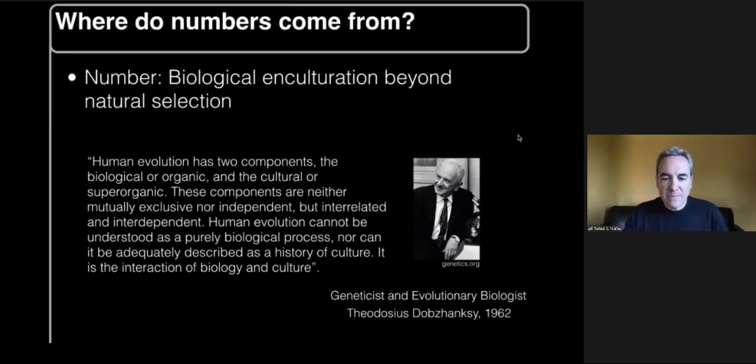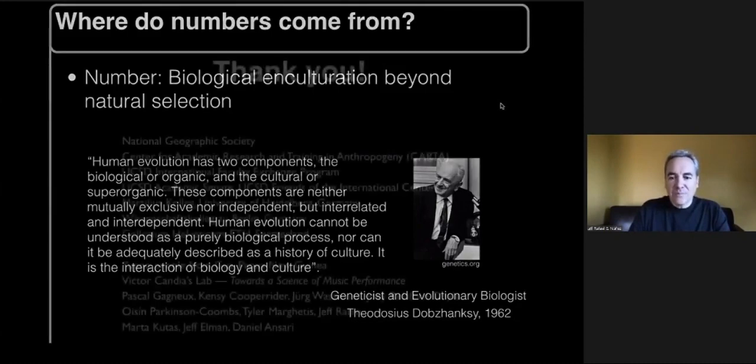Human evolution," and this is not specific to humans, "cannot be understood as a purely biological process, nor can it be adequately described as a history of culture. It is the interaction of biology and culture." And that in spirit is pretty much what is behind this biological enculturation hypothesis, in this case, to try to explain where numbers come from.